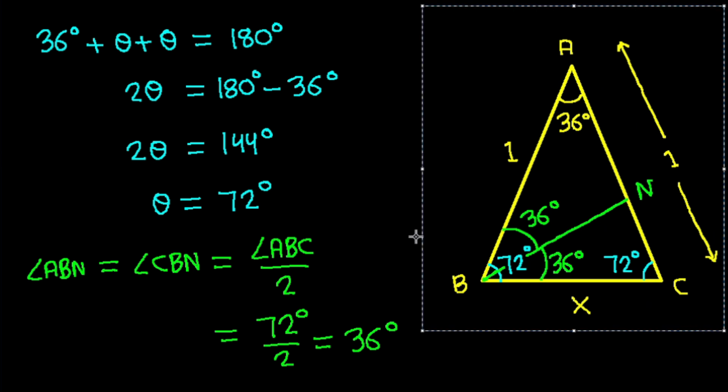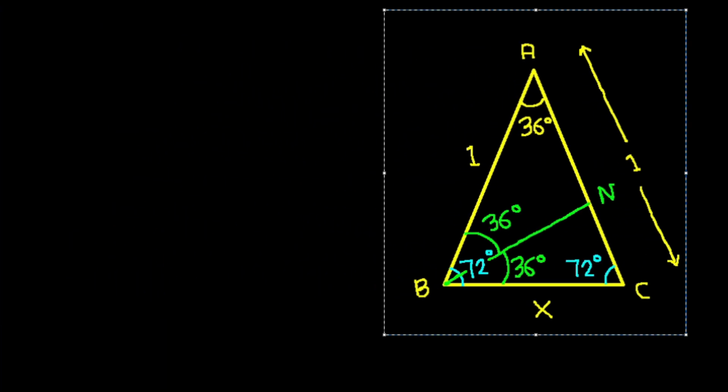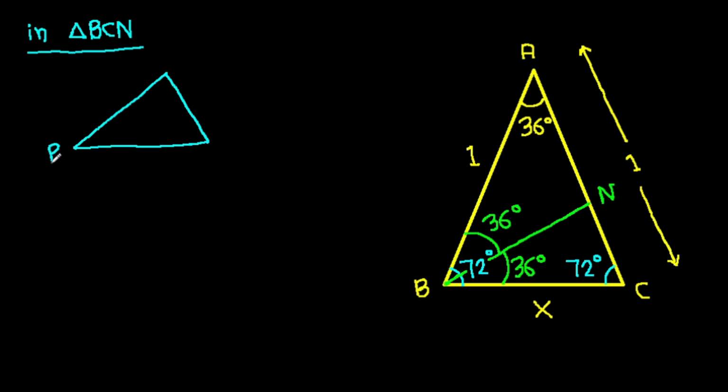And now in triangle BCN, this angle is 72 degrees, this angle is 36 degrees.